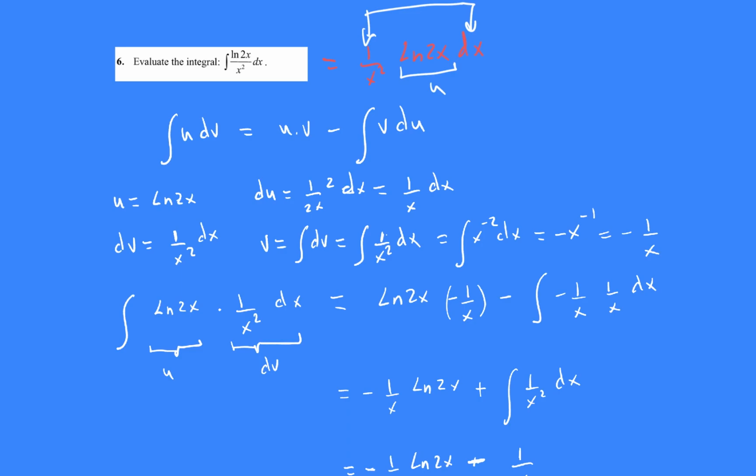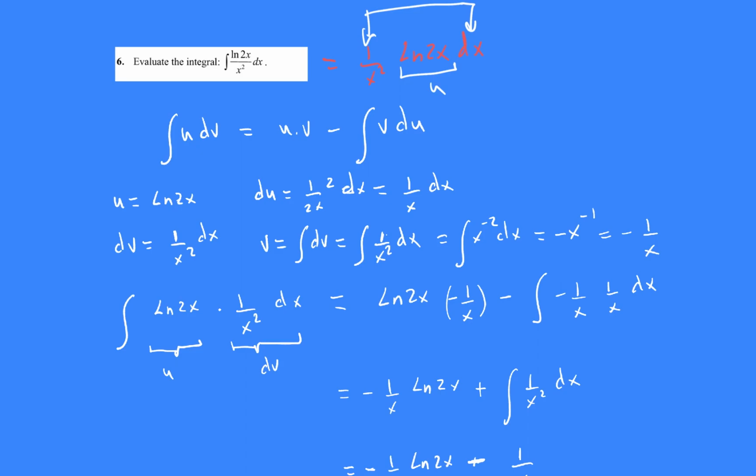Okay, so we plug the numbers again into my equation, u v. u is natural log of 2x, times v. v is the integral of dv, and v is the integral of 1 divided by x squared dx, which is x to the minus 2, and the integral of x to the minus 2 is minus x to the minus 1, so it's minus 1 divided by x.